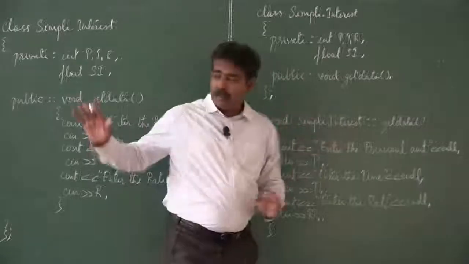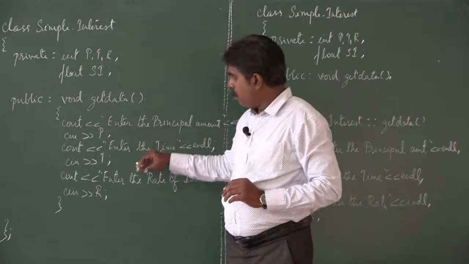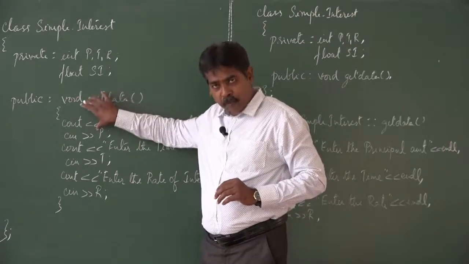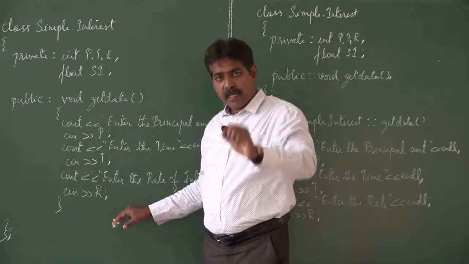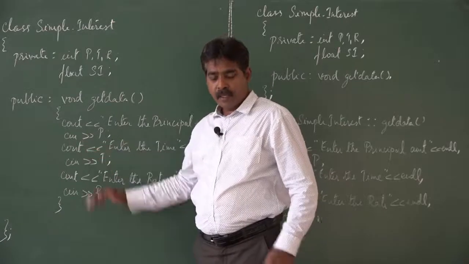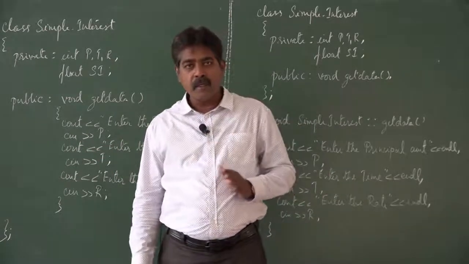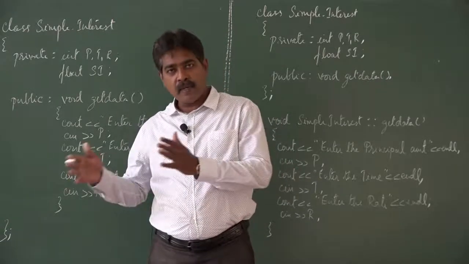So when you look at the inside class definition, the declaration part of the member function is inside. At the same time, the definition is also written. We know that a function header has three parts: return type specifier, member function name, as well as the arguments.